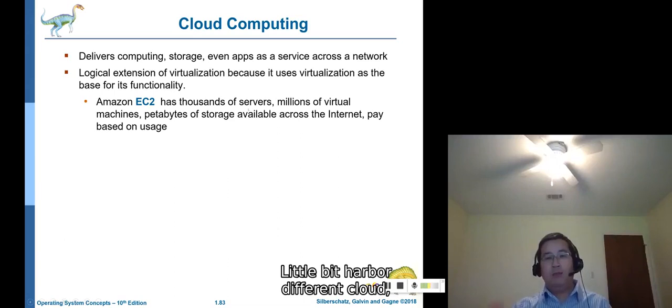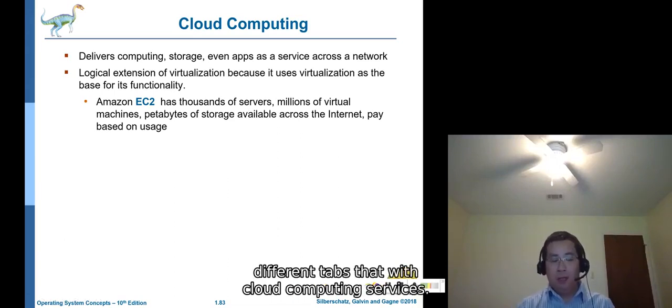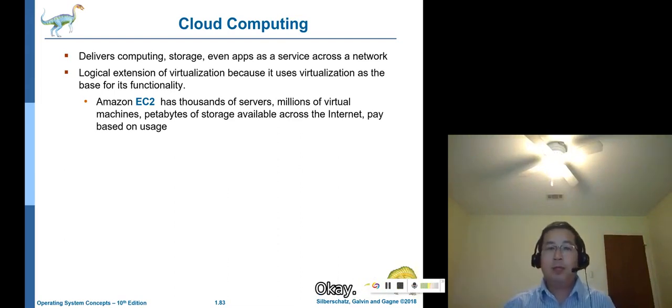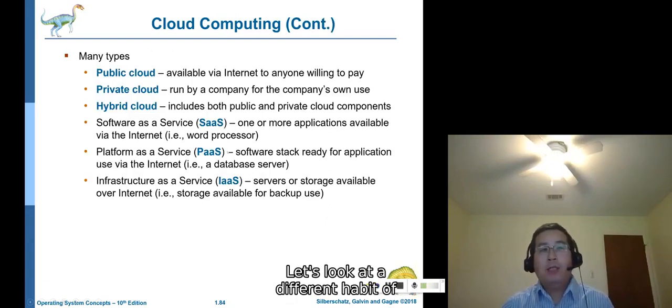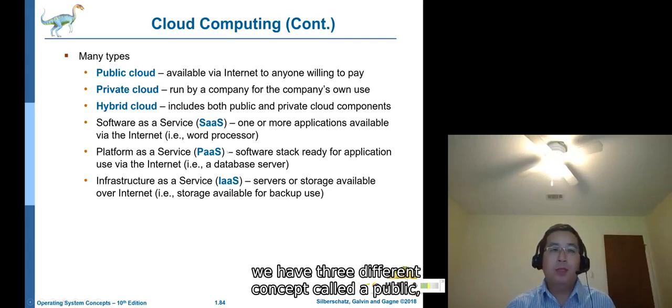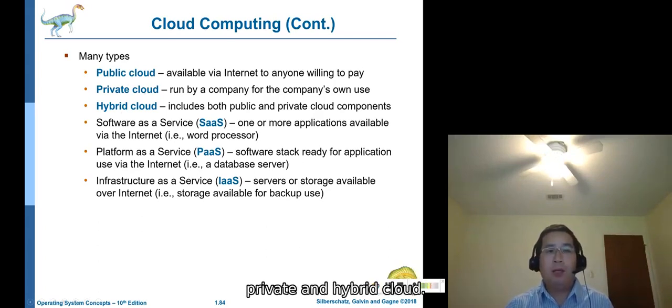Later we talk about different types of cloud computing services. Okay, based on the internet, pay based on the usage. Let's look at the different types of cloud computing. Here we have three different concepts called public, private, and hybrid cloud.